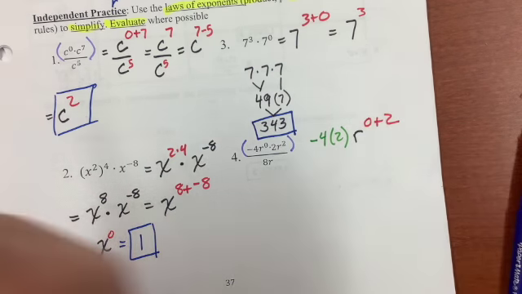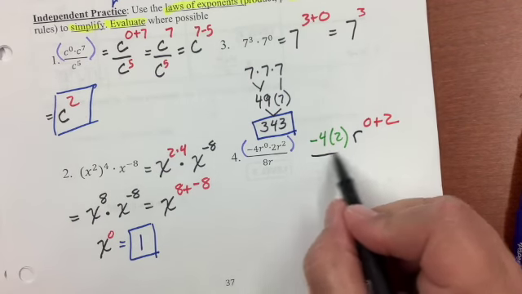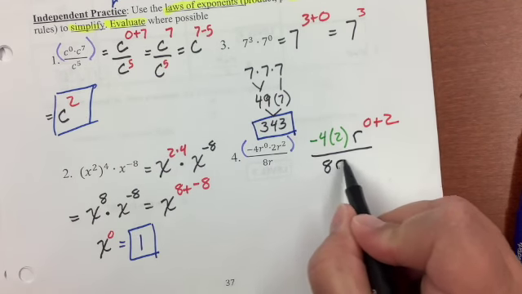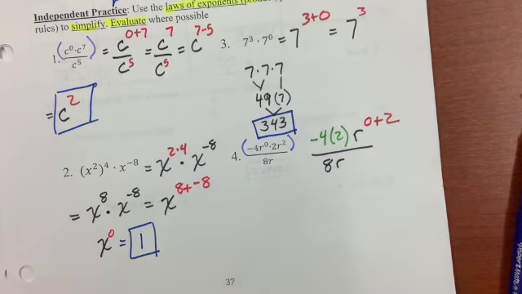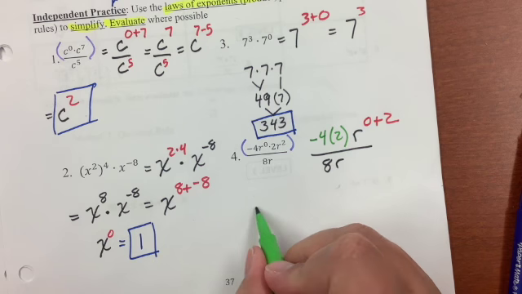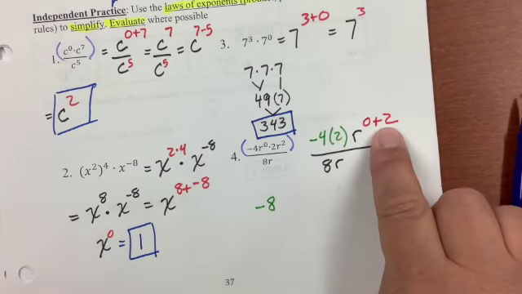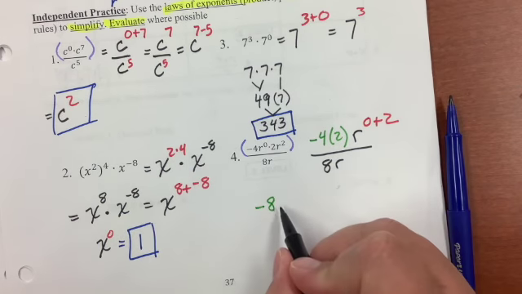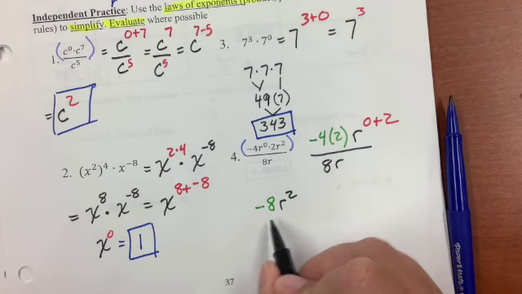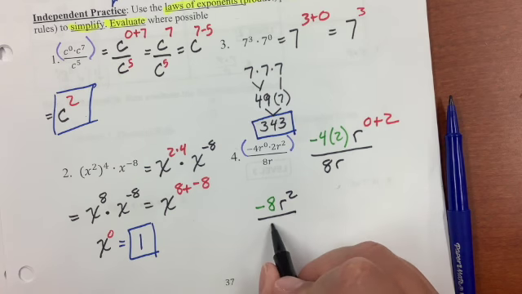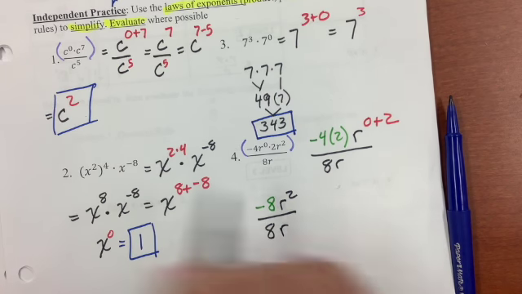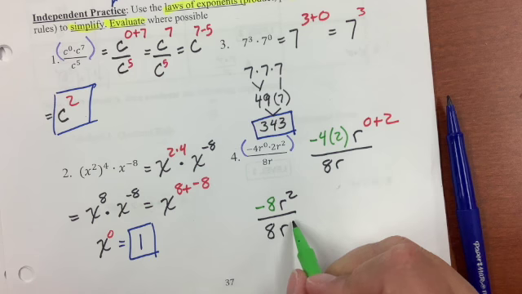And I'm not going to do anything to the bottom, 8r. Okay, negative 4 times 2 is negative 8. 0 plus 2 is 2. So I get r squared over 8r to the first power.